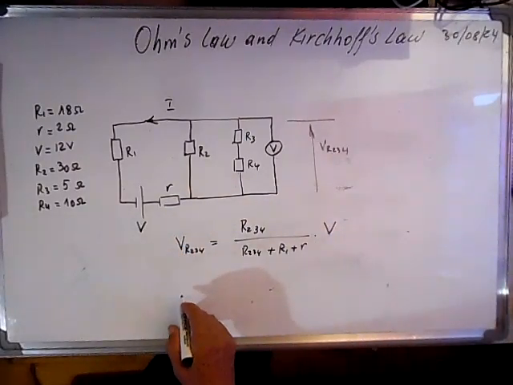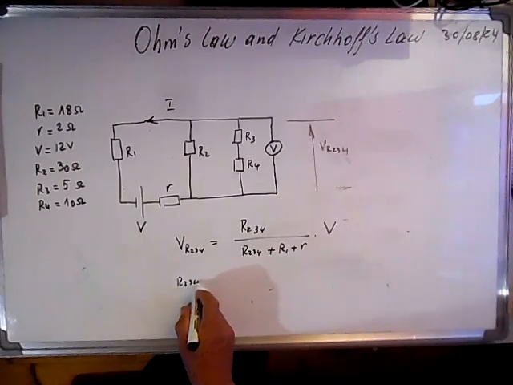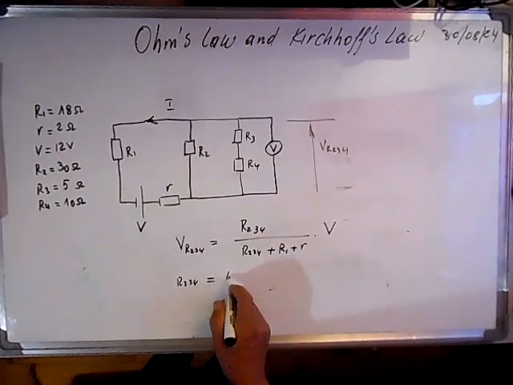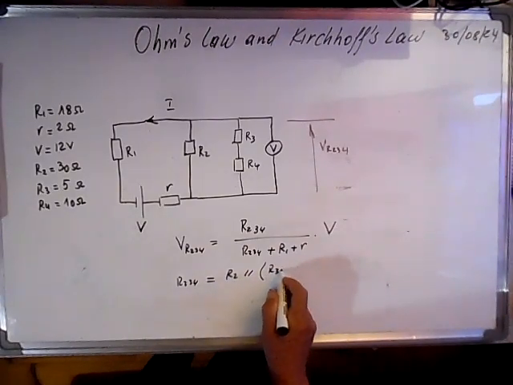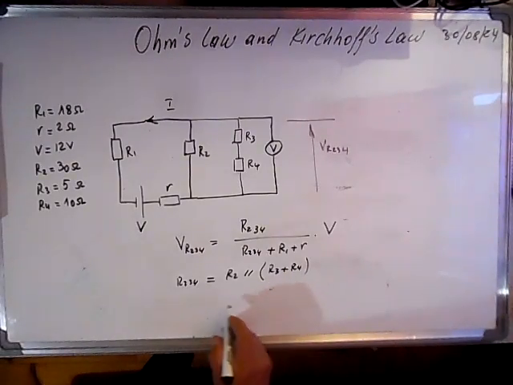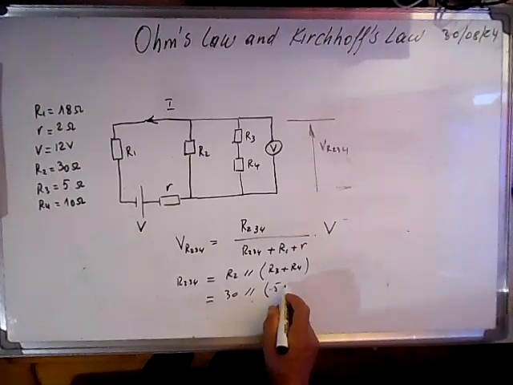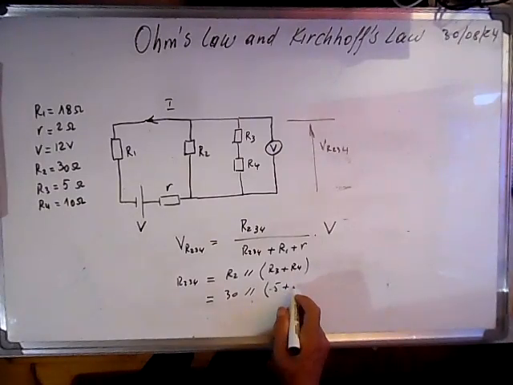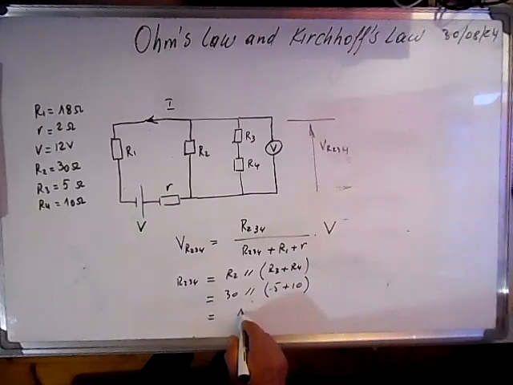That's it. So let's calculate first R2,3,4. R2,3,4 is R2 in parallel with R3 plus R4, which are in series. So R2 is 30 in parallel with 5 plus 10, which is 15, and this will give us 10 ohms.